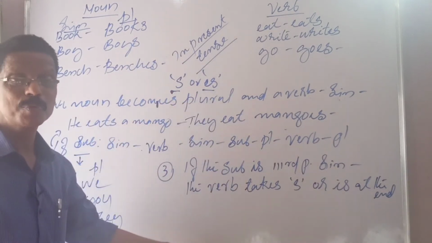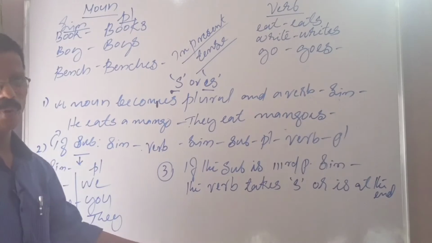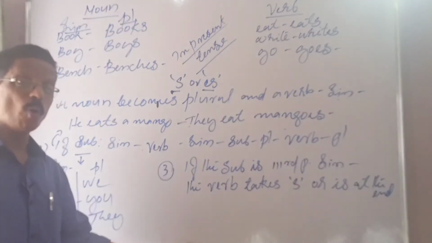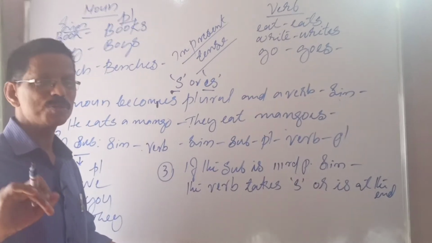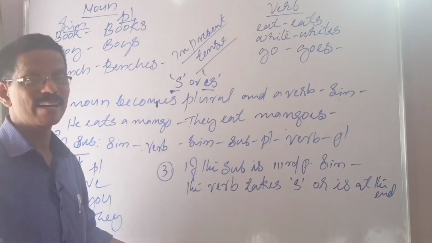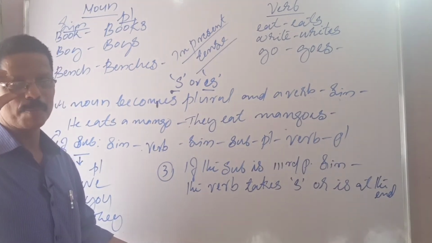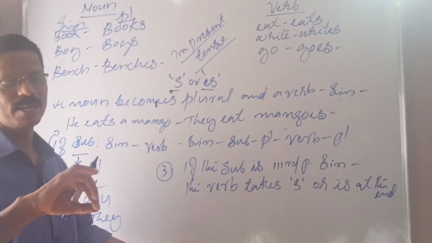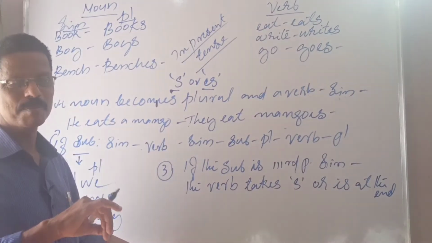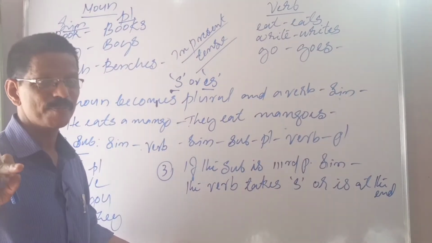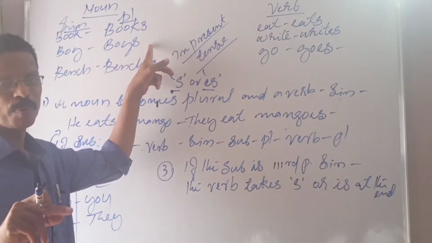A noun becomes plural when s or es is added. It is not always so, but very often, most often. For example, child, plural is not child's, children. Okay? Some exceptions are there, but generally pen, pens, book, books, boy, boys, girl, girls, bench, benches, whatever. When you add s or es, a noun becomes plural.